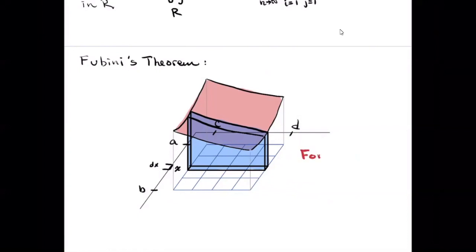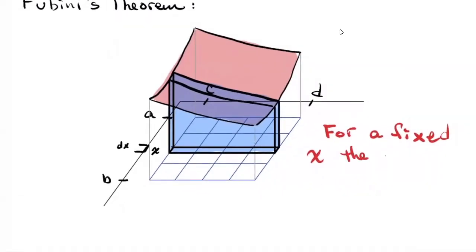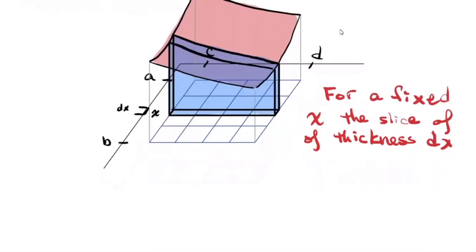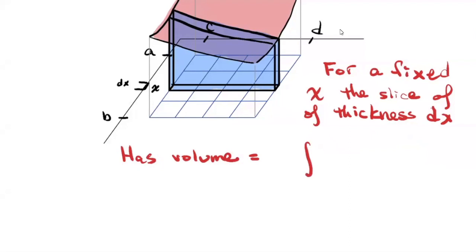So for a fixed x, the slice of thickness dx has volume equal to, you just do the integral from c to d of f.